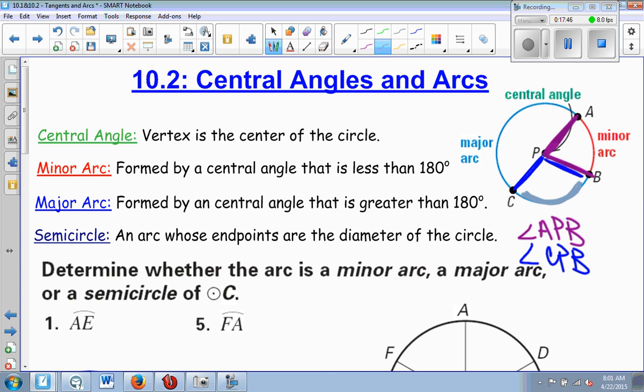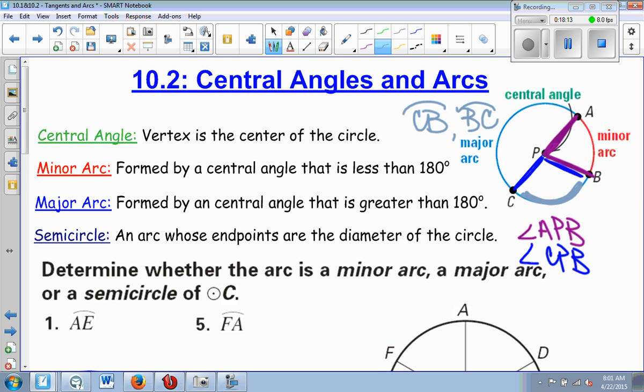So we would say that from C to B is a minor arc because it's a small arc less than half of a circle. So CB would be shown with this notation, CB, and then it has an arc over the top, showing that it's an arc. You could also name that arc BC with an arc over the top. Either one of those would name this arc that I highlighted here in this grayish color.